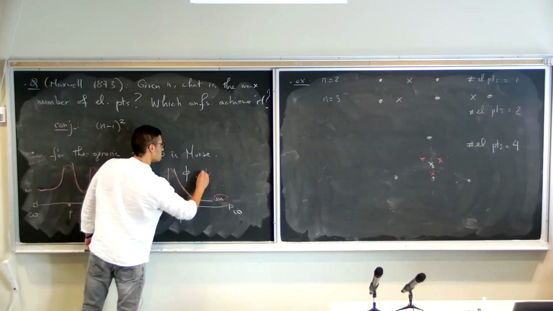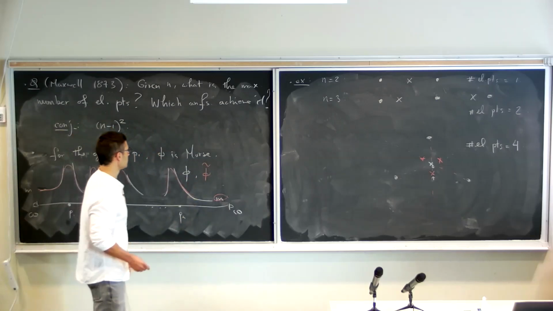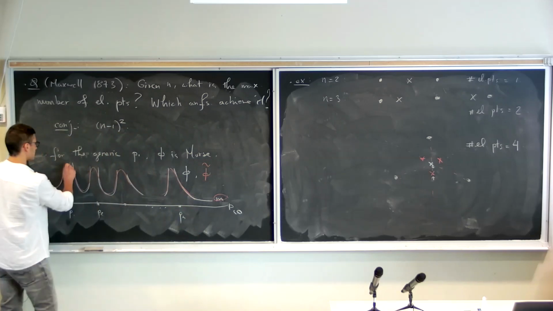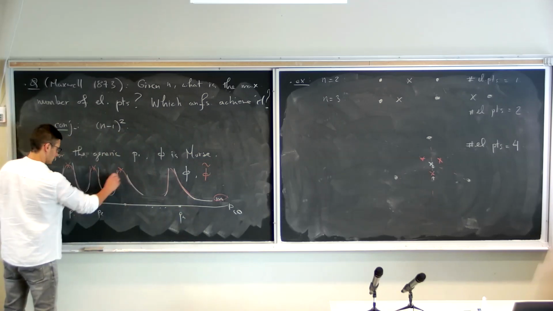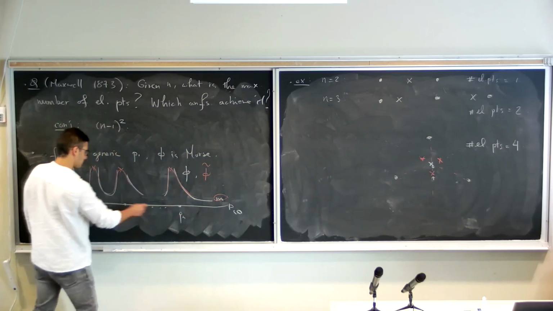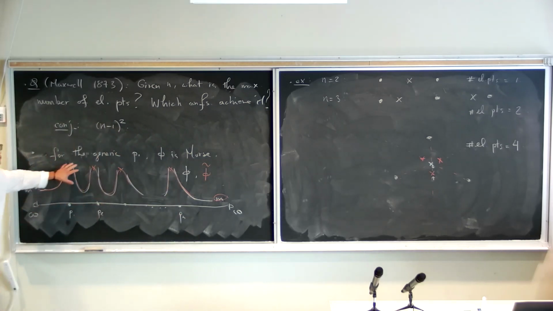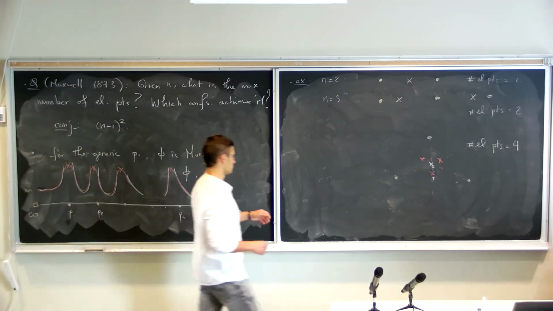So that's phi tilde, a function on S3. And I do it so that I have local maximums near the points P1 up to Pn, but I introduce no other critical points. You can do that.